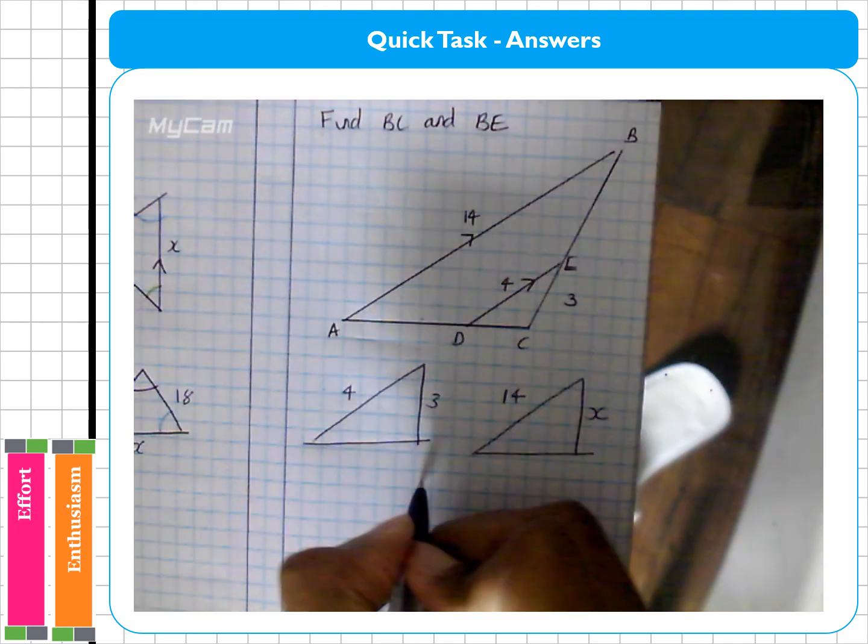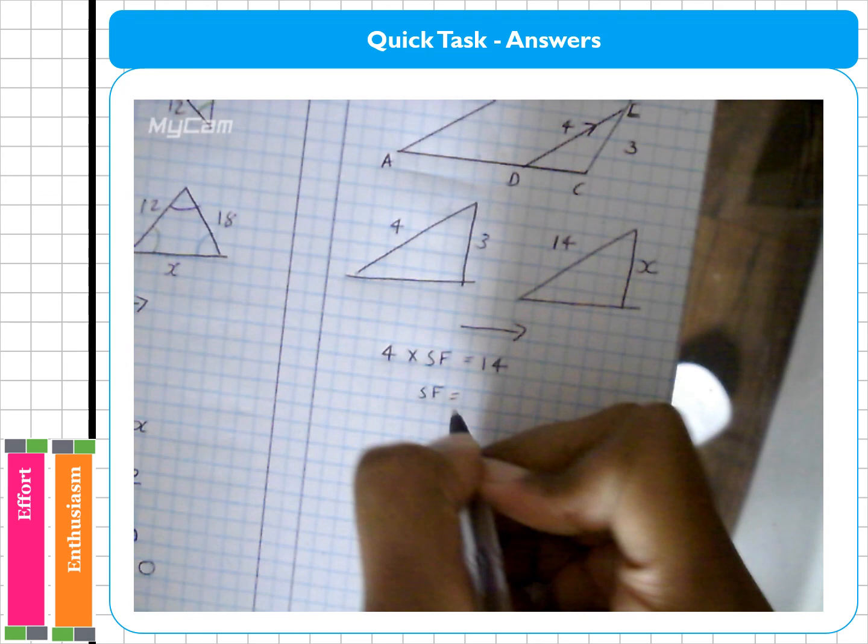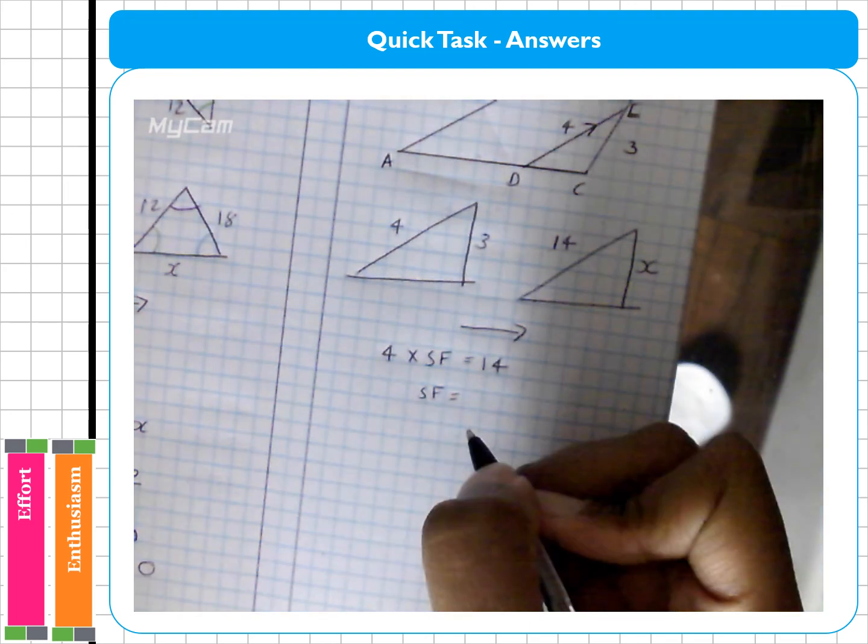Having a look at my corresponding sides here, I know that 4 times my scale factor needs to give me 14, which means that my scale factor is just 14 divided by 4, which gives me an answer of 7/2, so 3.5.